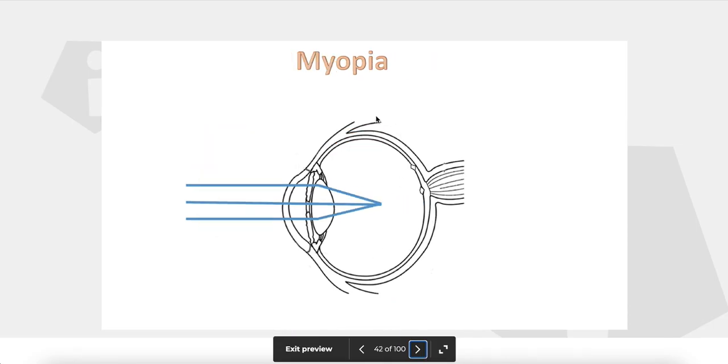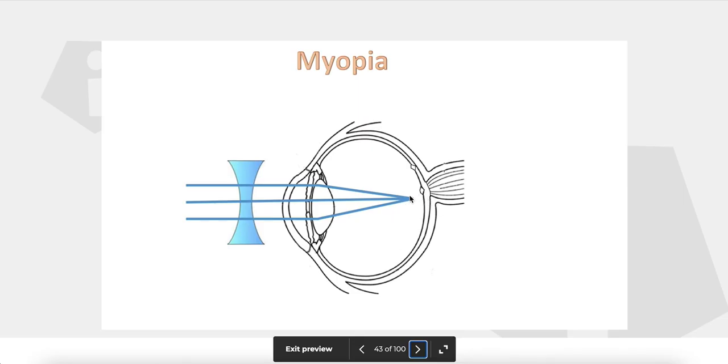The reverse happens with myopia, as this myopic patient has a larger eye and a larger refractive system, so the light rays converge to make a focus in front of the retina. So when we put a minus lens, the light rays diverge, and the focus is shifted backward until it reaches the retina.